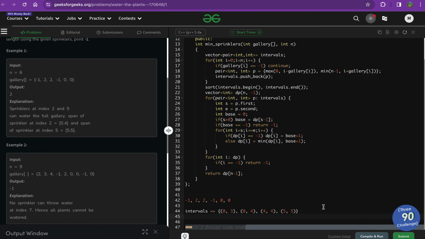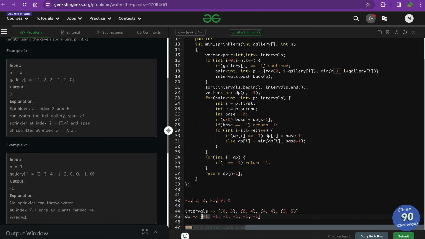After sorting, we go pair by pair, and first we make a DP array with indices till 5. First we populate it with -1. At each index it is -1. It is telling that there is no sprinkler present, that this index is not covered.